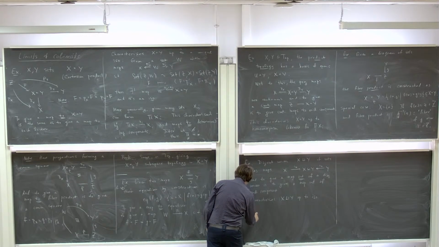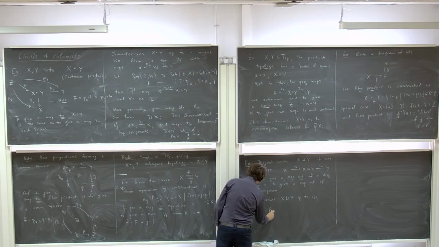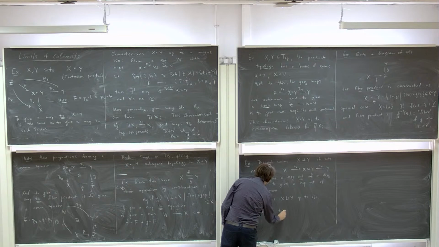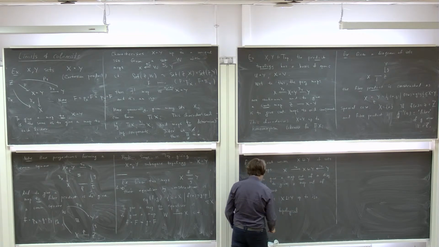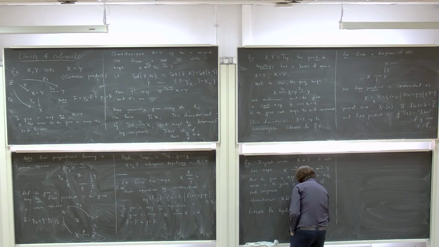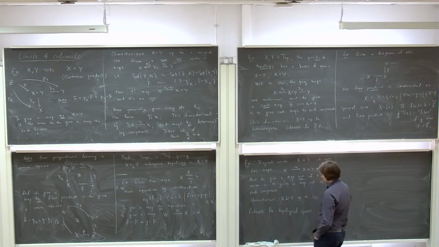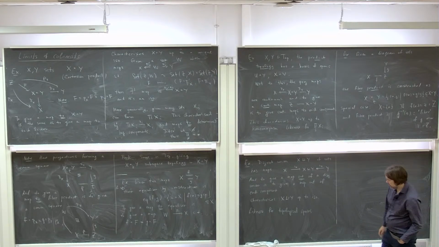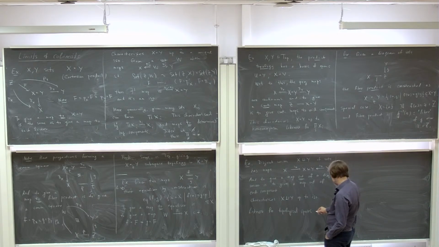Likewise, you can do this for topological spaces. If I take a disjoint union of topological spaces, the two inclusions are continuous.